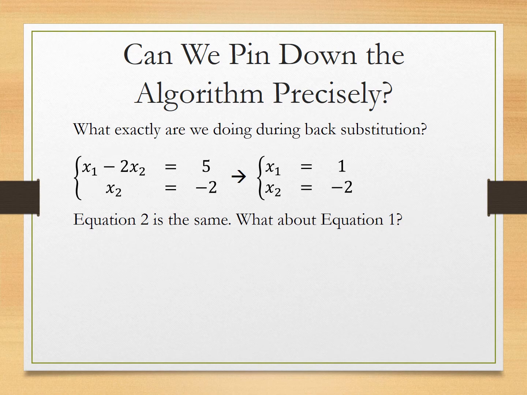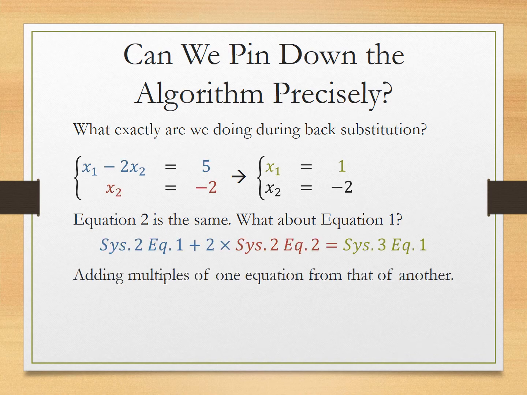Next step, how do we get from the second system where we already have x2 equals negative 2 to the one where you actually have the solution, x1 equals 1? Now, there's nothing we need to do with equation 2 anymore. It's solved. All we need to do is solve equation 1. So how do we get from x1 minus 2x2 equals 5 to x1 equals 1?